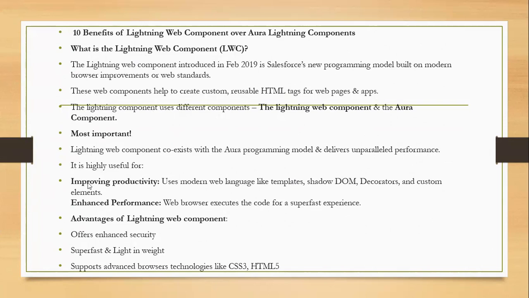It is a highly useful tool for improving productivity, using modern web languages like templates, shadow DOM, decorators, and custom elements. With enhanced performance, the browser executes the code for a superfast experience. Advantages of Lightning Web Components: they offer enhanced security, are superfast and lightweight, and support advanced browser technology like CSS3 and HTML5.